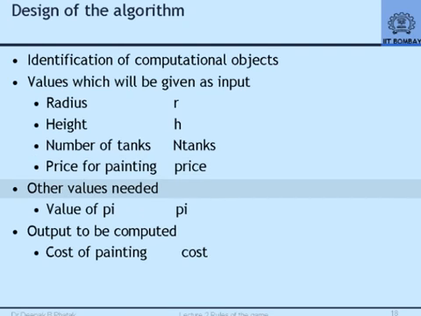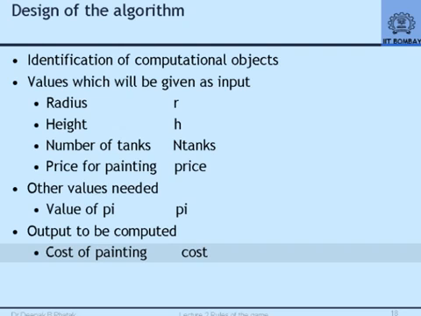Other values needed, I need a value of pi. Since I do not have that complicated Greek symbol available to me, I will use a simple name pi for pi. And finally, using all the analysis that I have done, I have to do some computations which will result in a value. That value is going to be cost of painting. Oh, there is a spelling mistake here.